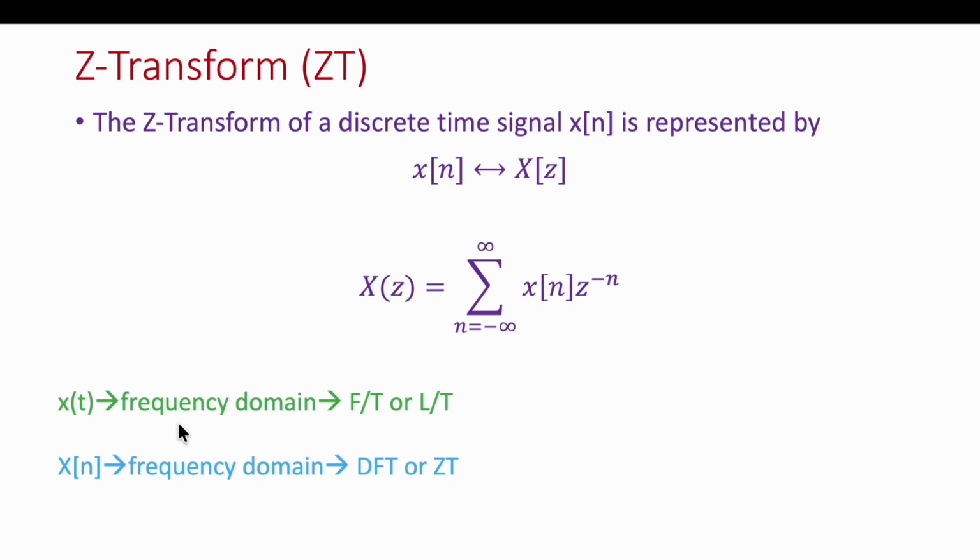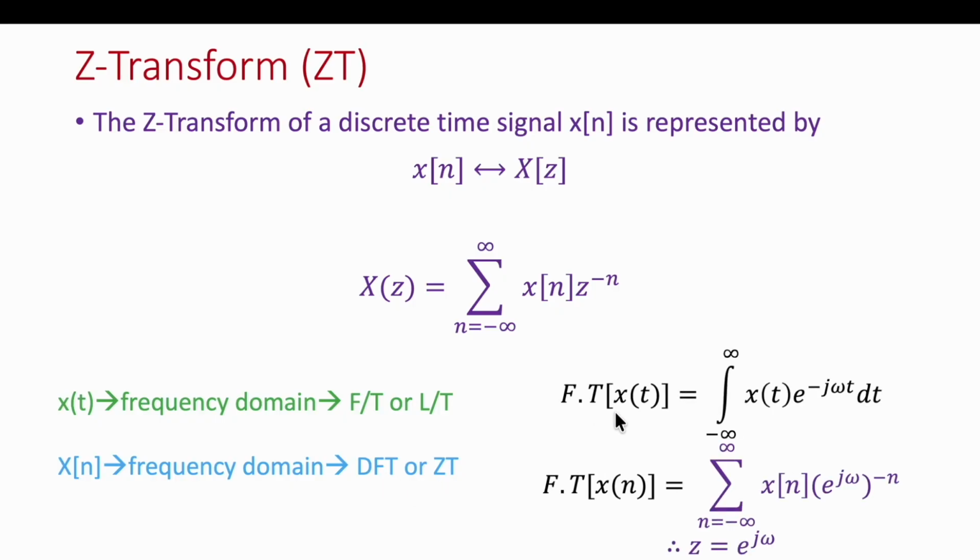If the signal in time domain is continuous, then we can use the Fourier transform or the Laplace transform. But if the signal x of n is a discrete time signal, then we can use the discrete Fourier transform or the Z transform.